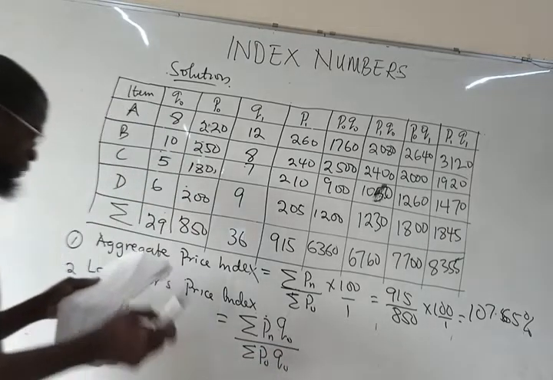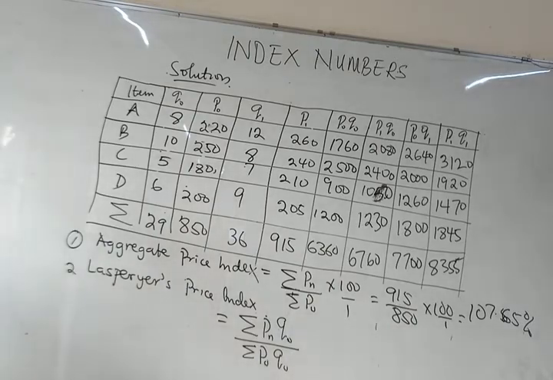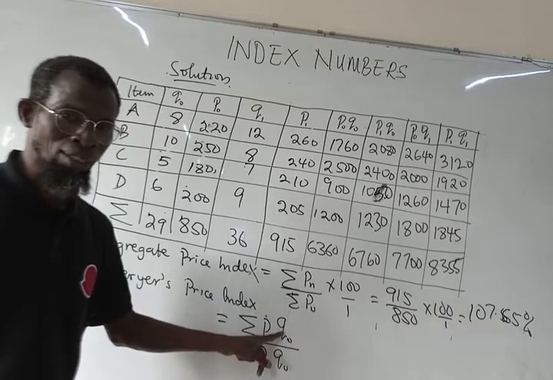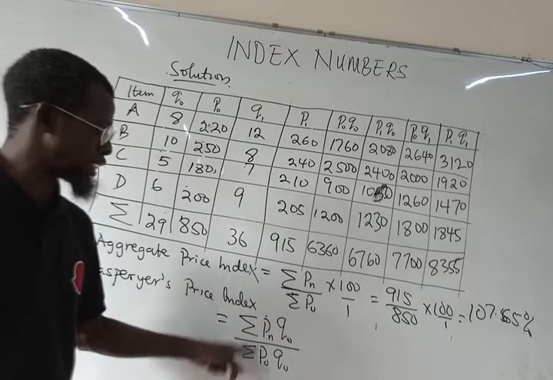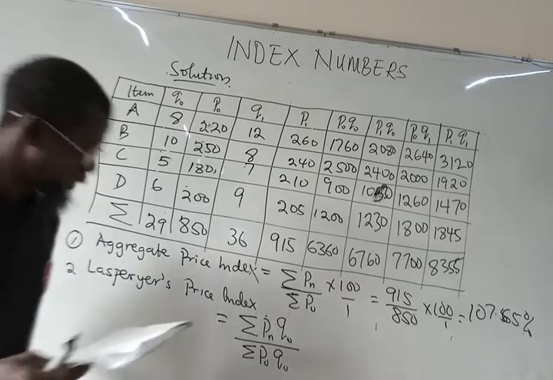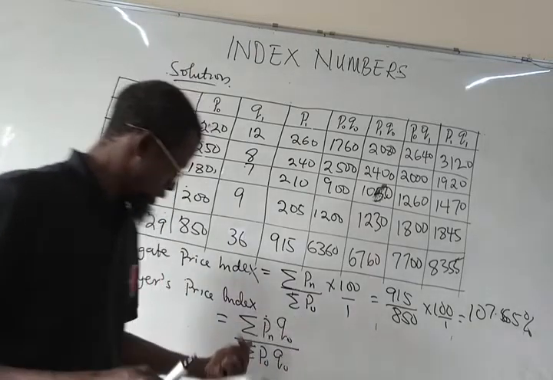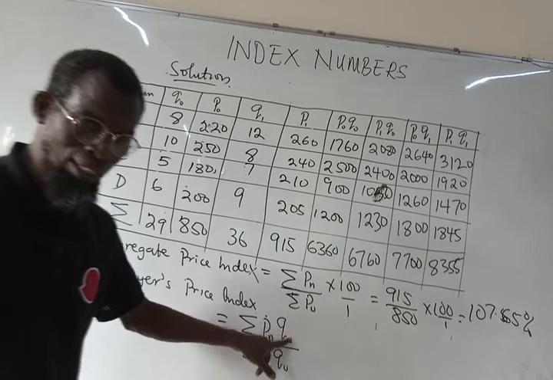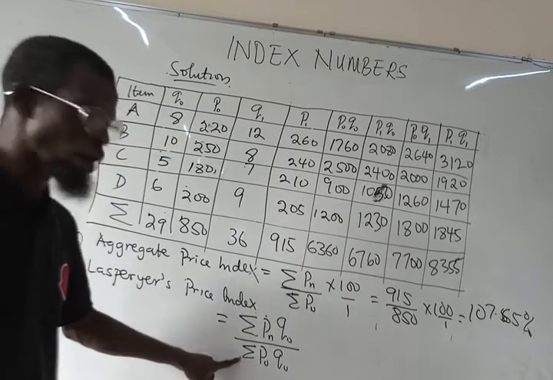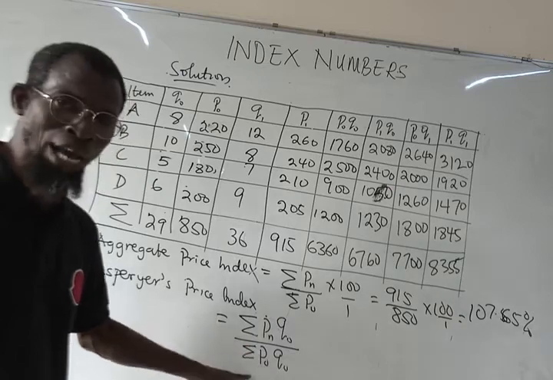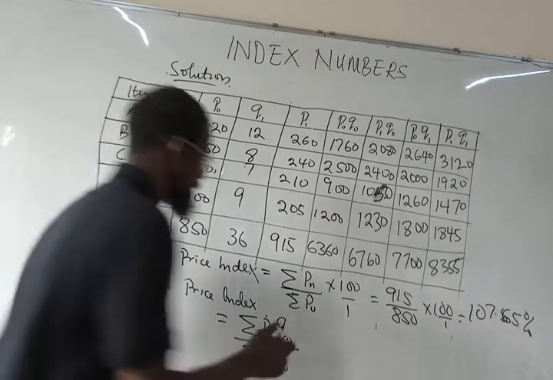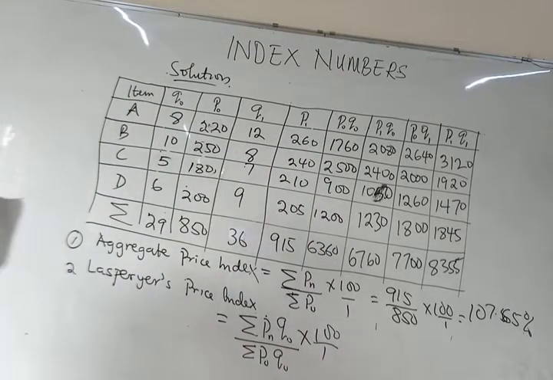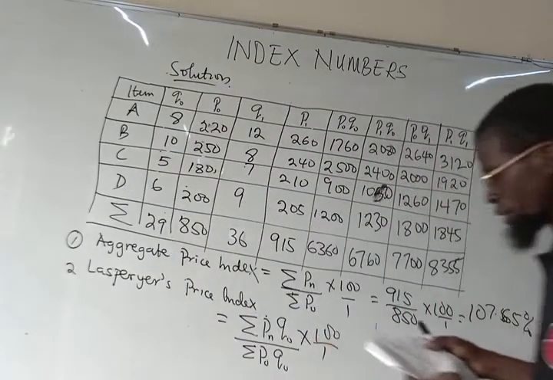So Laspeyres, you can see you multiply the current year price with the base quantity, and all over the base year price with the base quantity. Please note the difference is that Paasche multiplies the current year price with the current quantity over the summation of the base year price times the current quantity. Everything times 100.